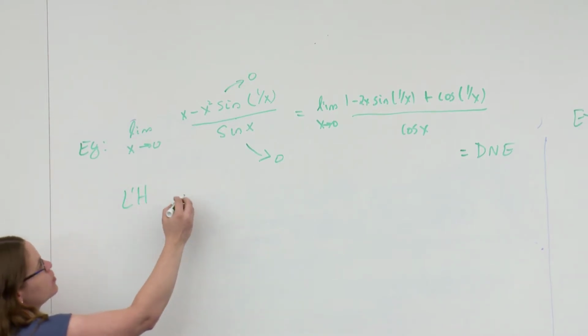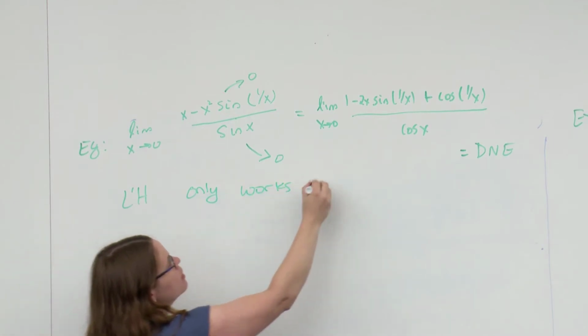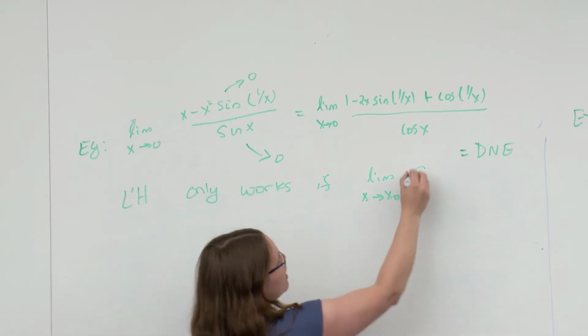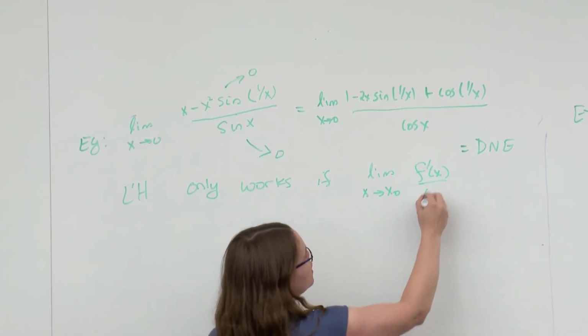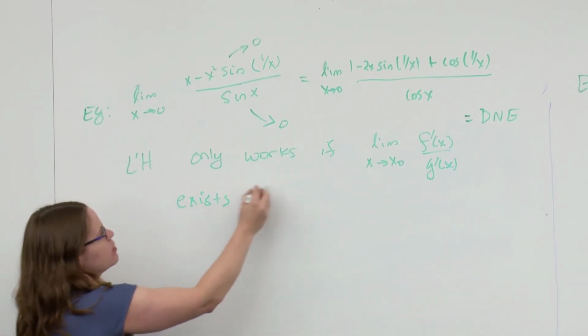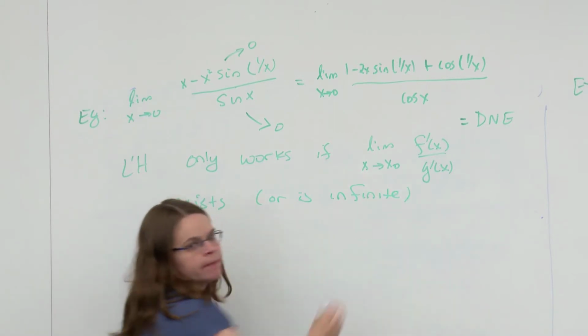So L'Hopital's rule only works if the limit as x goes to x naught of f prime over g prime exists or is infinite, right?